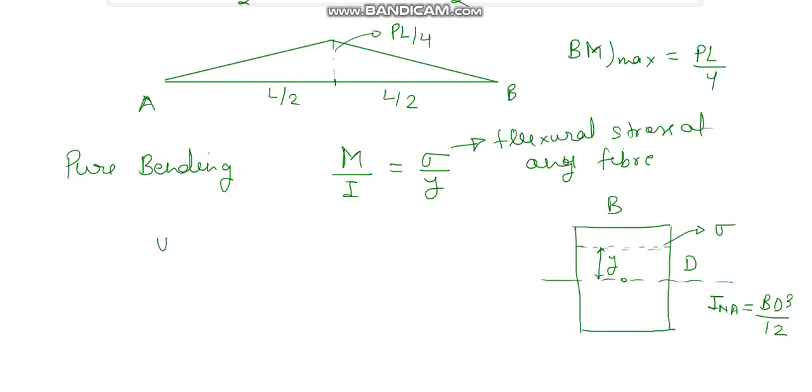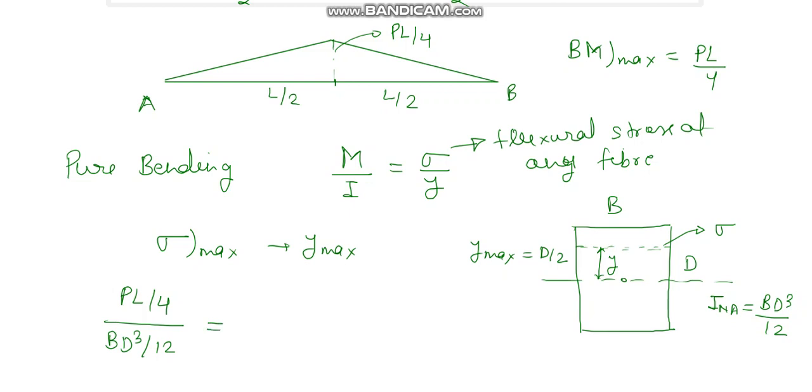If we are talking about sigma maximum, it will lie at y maximum. So here y max is equal to d by 2. So we can use this equation by putting maximum bending moment as PL by 4, divided by I, which is b d cube by 12. This will equal sigma max over y max, which is d by 2.